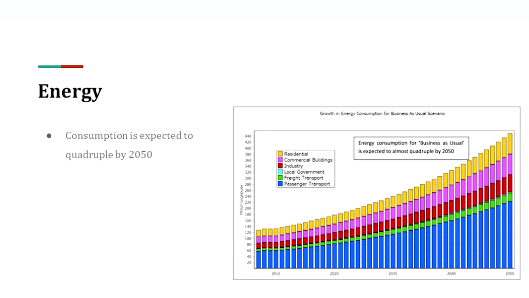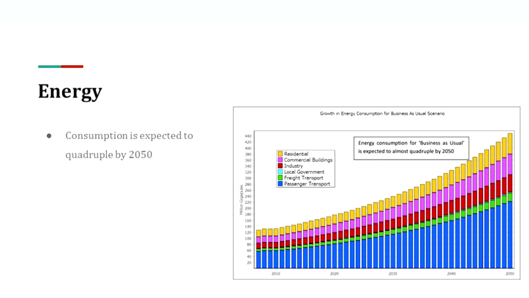Now looking at energy, this graph represents Cape Town's current energy consumption and how it's projected to evolve in a business as usual scenario. Right now Cape Town is at around 120 million megajoules, and it's expected to quadruple by 2050 to around 440.